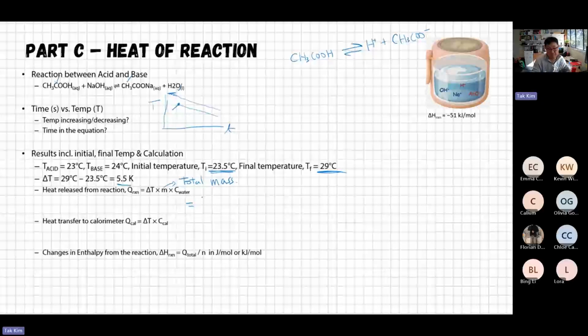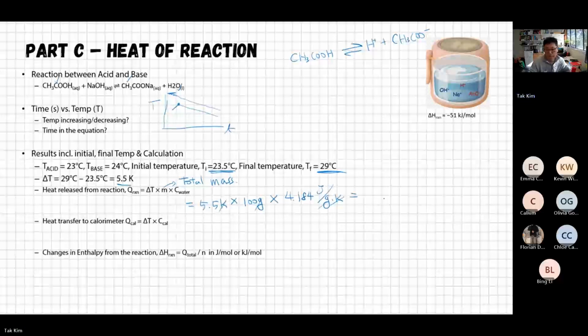So the heat from the reaction will be 5.5 Kelvin times 100 grams of acid and base mixture times 4.184 joules per gram per Kelvin. And then in the end, just check.